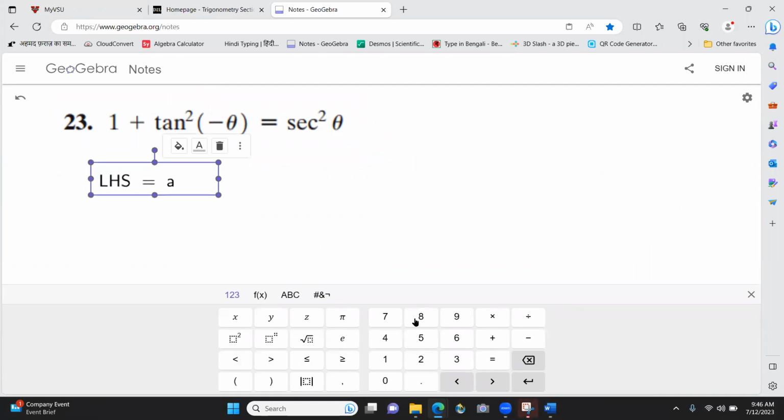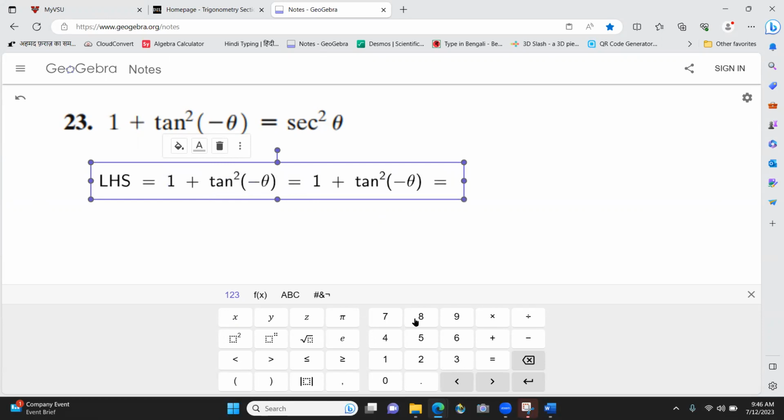And I'm going to say that's 1 plus tan square theta. Now we just learned minus theta for tan can be pulled out. But when you square it, I'll show you. This can be pulled out. This can go here.